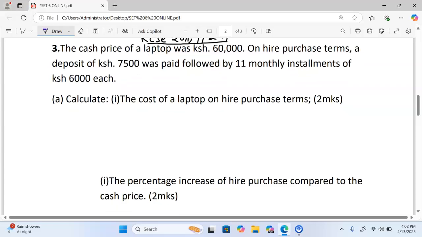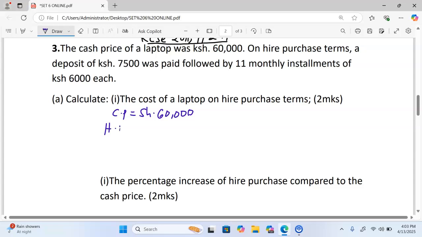Very simple. We have been told that the cash price is 60,000. But the laptop can be bought on hire purchase.